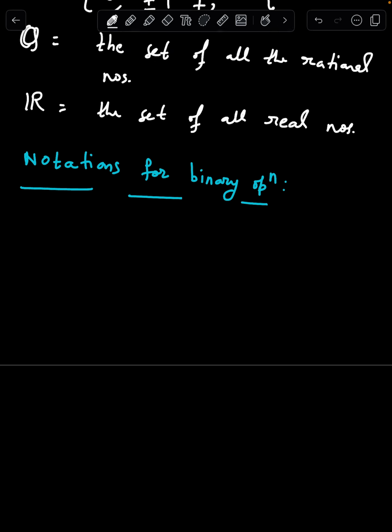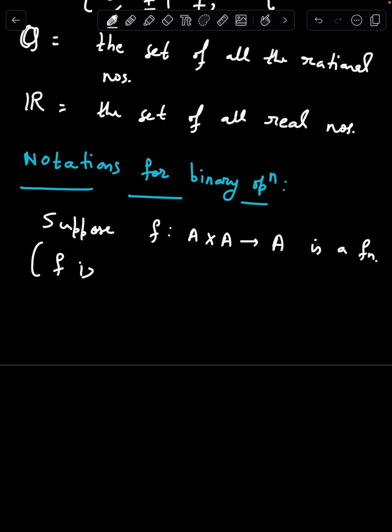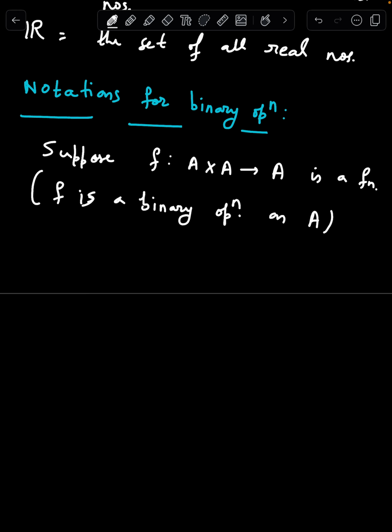Okay, so suppose f is a function. This means that f is a binary operation on A. Now, we usually denote binary operation by star.